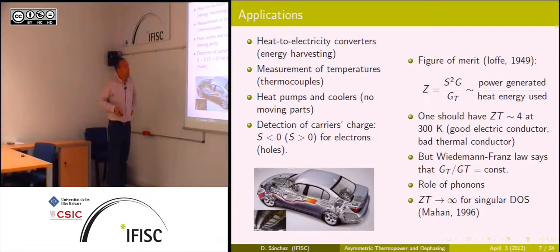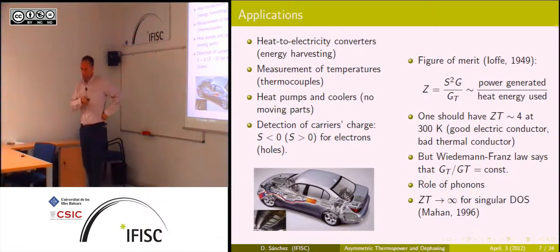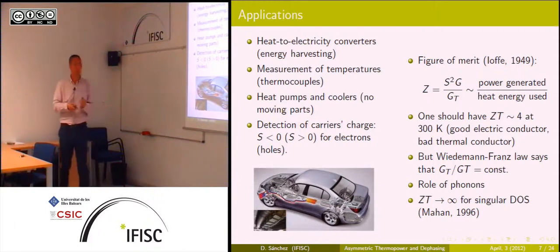home. And from the fundamental point of view, maybe more interesting for physics, using the thermopower you are able to distinguish the electric charge which is carrying the current in the metal. I will explain this in a moment, but it is possible to see that the thermopower is negative for electrons and positive for holes.